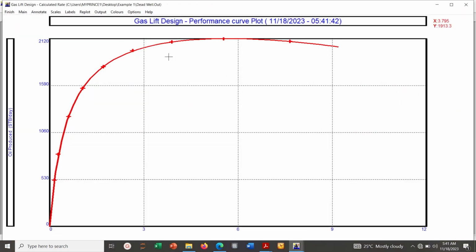Alright. So basically, the goal behind gas lift injection in oil wells is to lower the density of the produced fluid in the tubing.